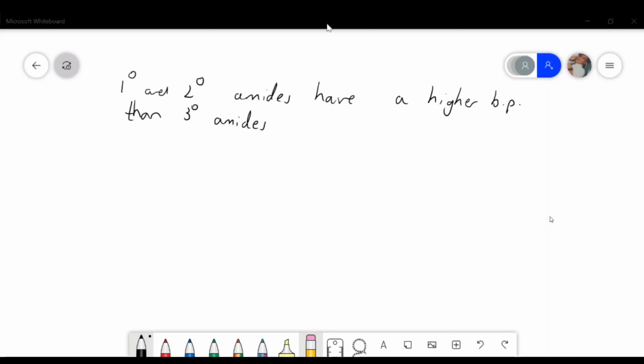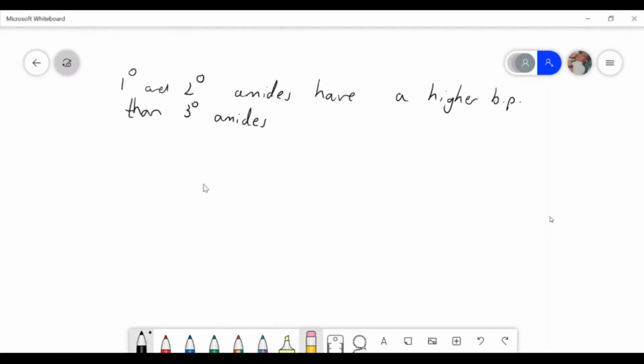So what I'm talking about, let's just say I have something generic like this. So there you go. Versus this. Now over here you can see that hydrogen bonding can occur because there are hydrogens here.